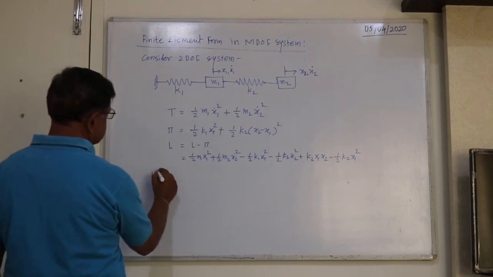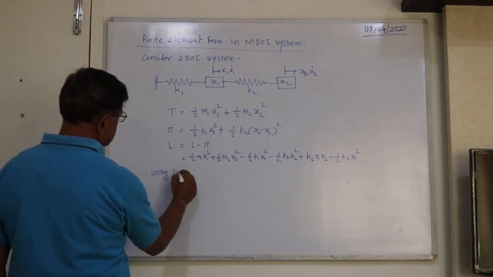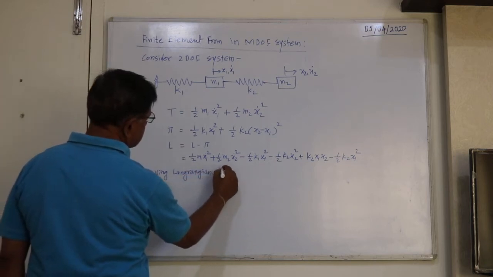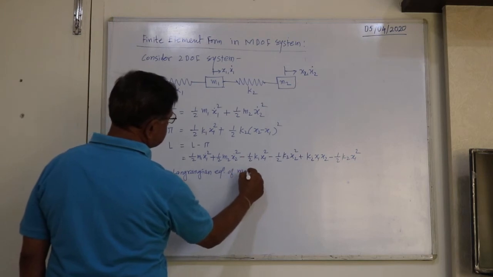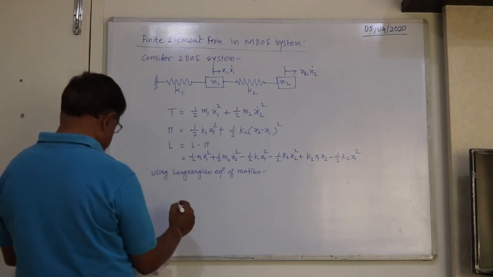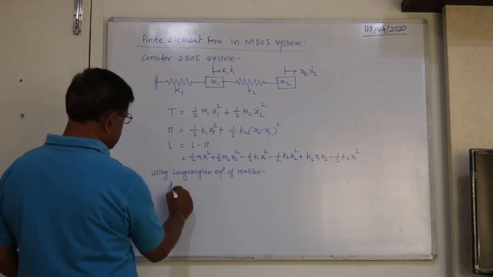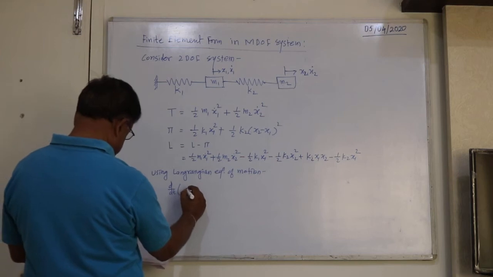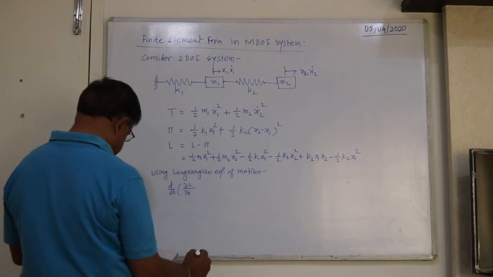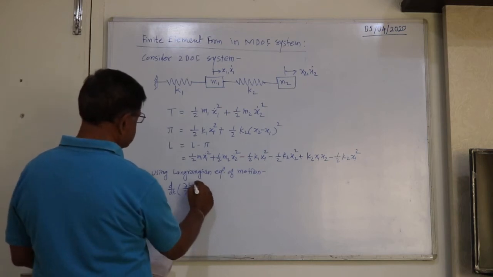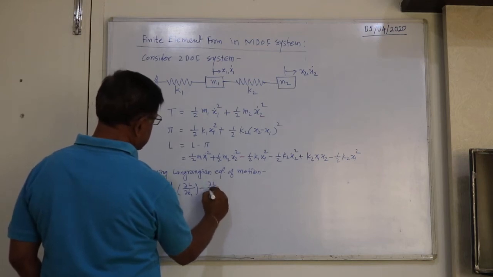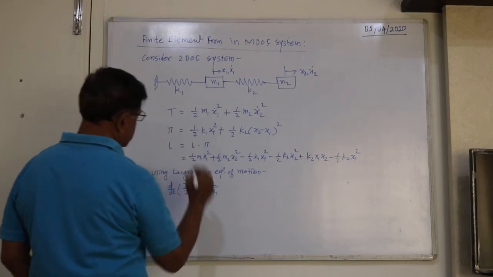Using the Lagrangian equation of motion, this is d by dt of (del L by del x1 dot) minus del L by del x1.